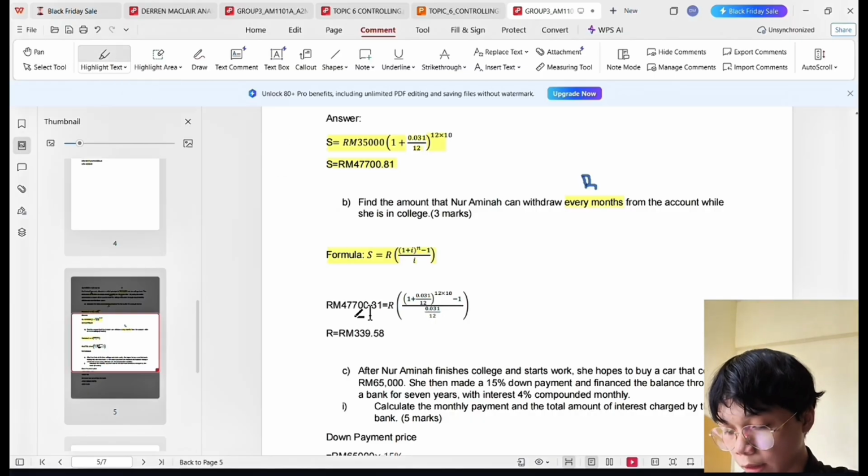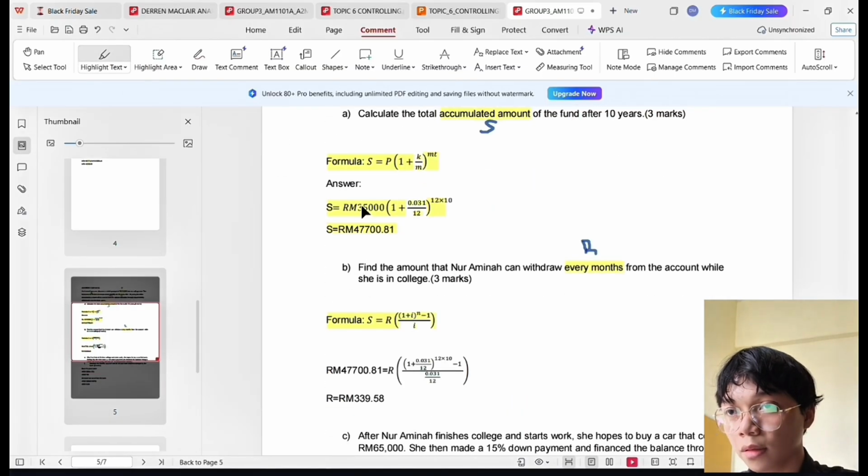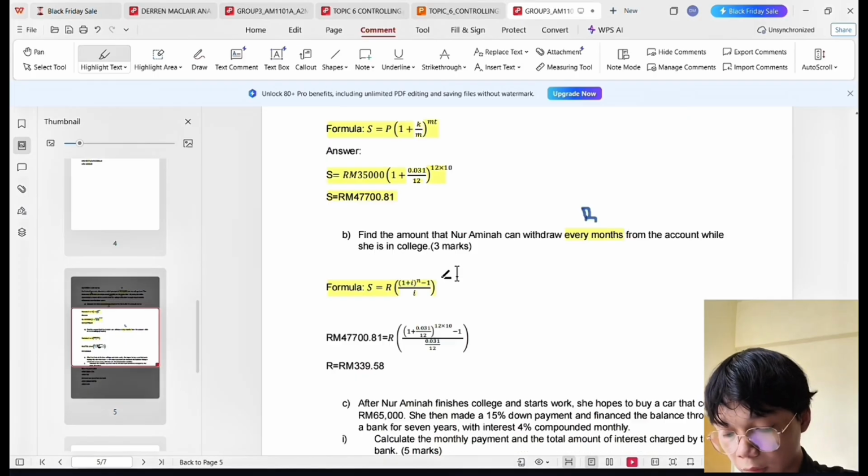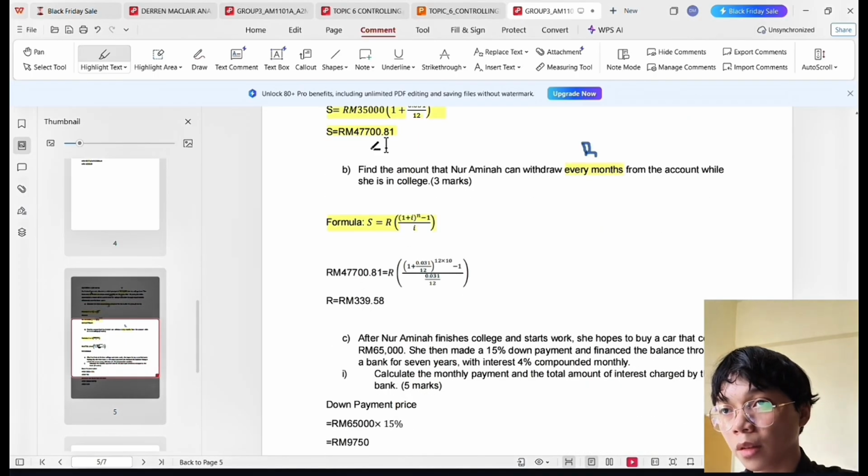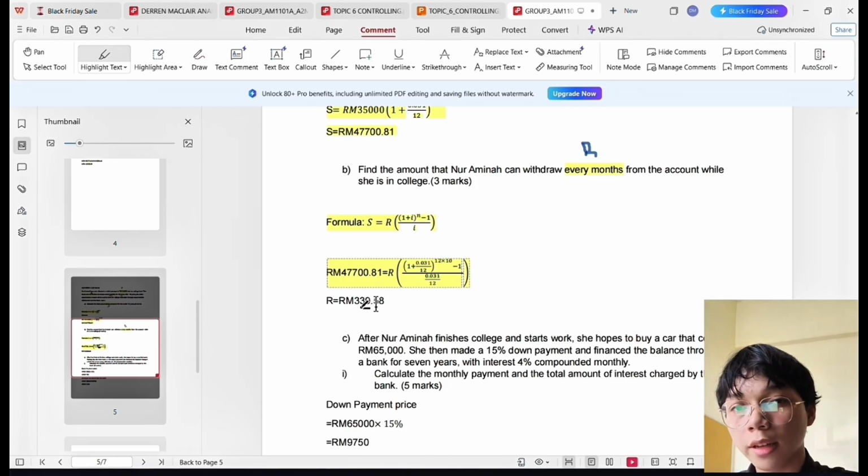The value of S will be the answer that we got from the previous question, so we'll be using it in this formula. After calculations, the answer of R will be 339 ringgit 58 cents.